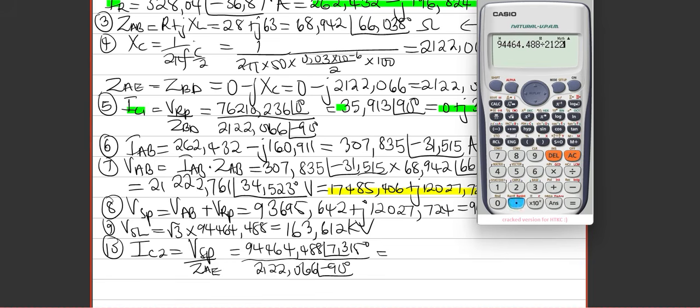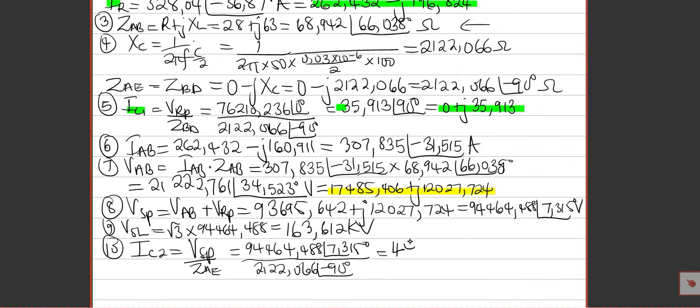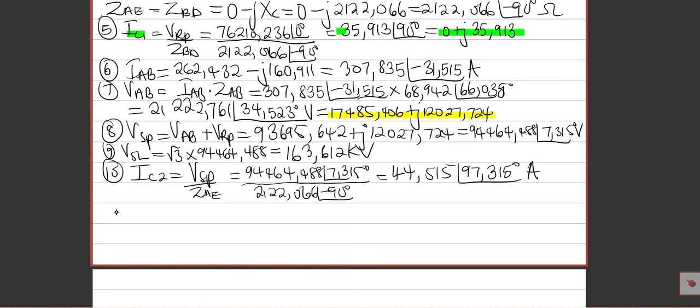Divide by 2122,066, 44,515 at the angle of 7, what minus 90. It's going to be 97,315, minus because of the division sign. You know these things.